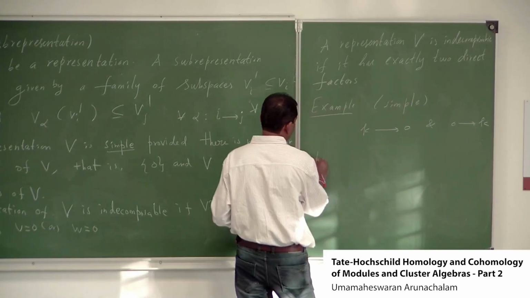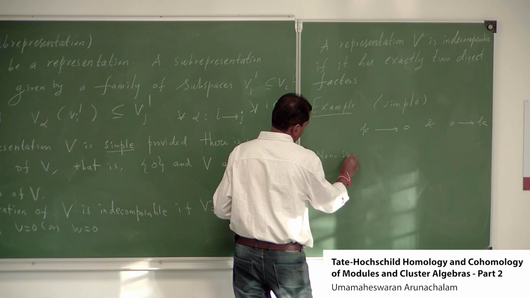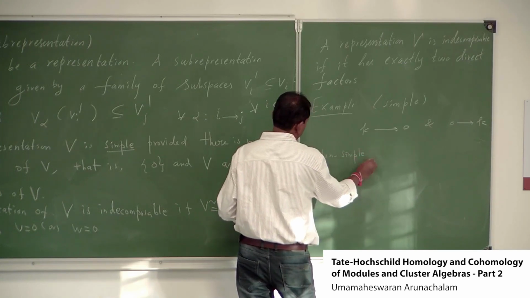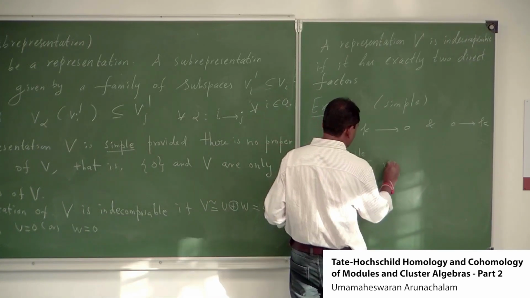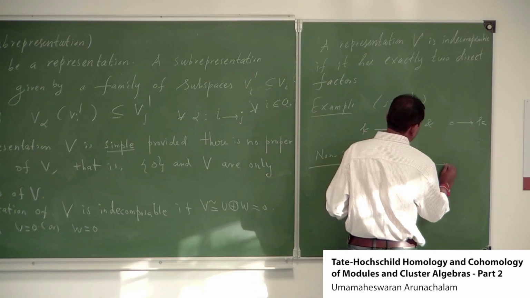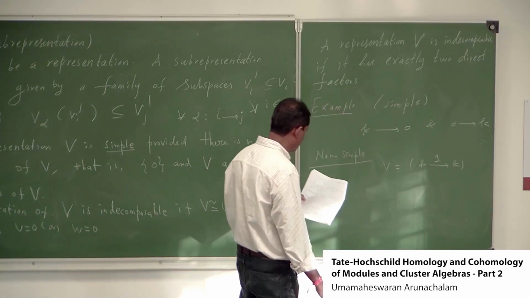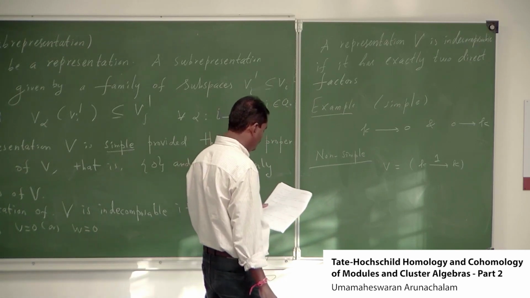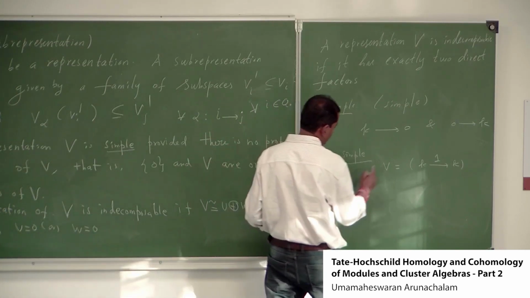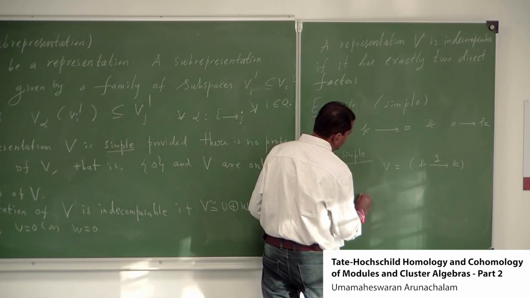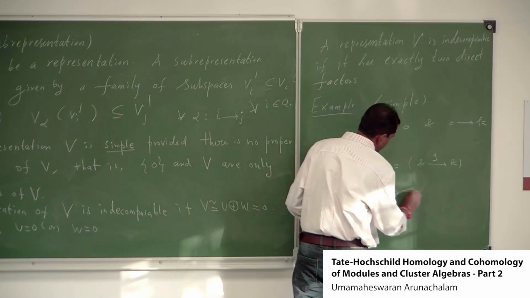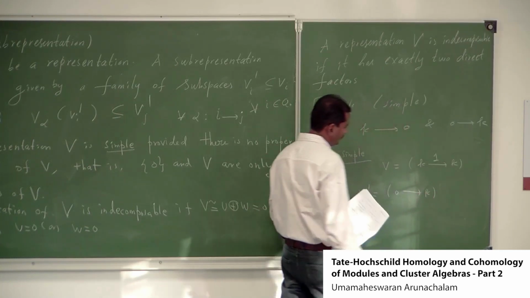For a non-simple representation, take V equal to k to k. It is not simple. It has a non-trivial sub-representation V dash equal to 0 to k.